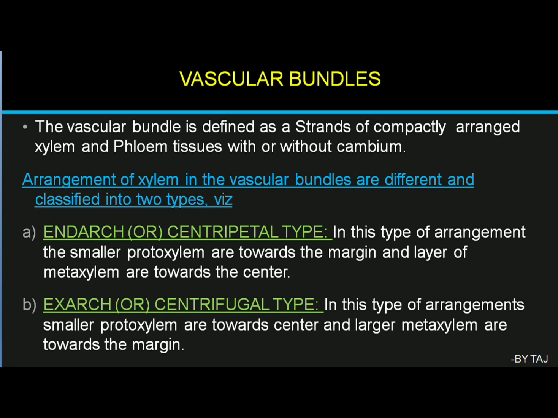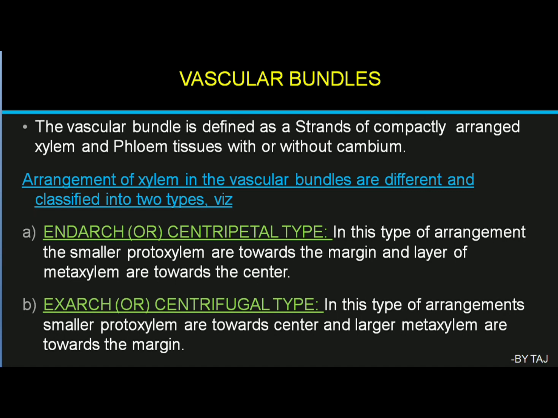The name itself suggests endarch, inside: the protoxylems will be present at the margin and the metaxylems towards the center. This is what we call the endarch or centripetal type.